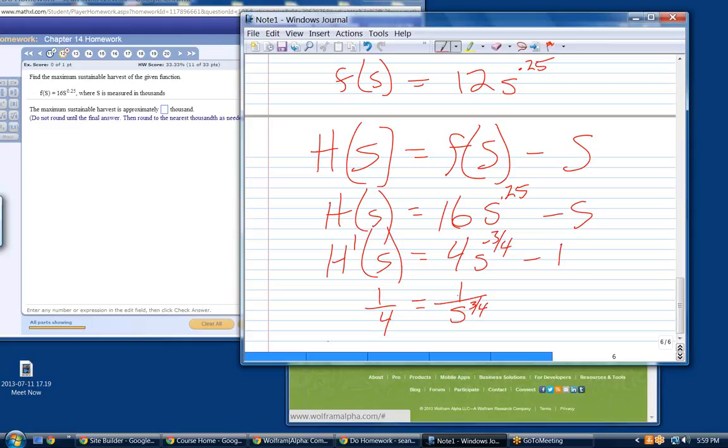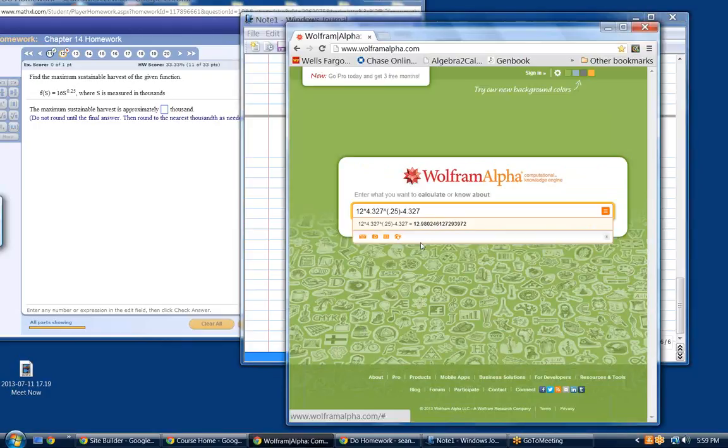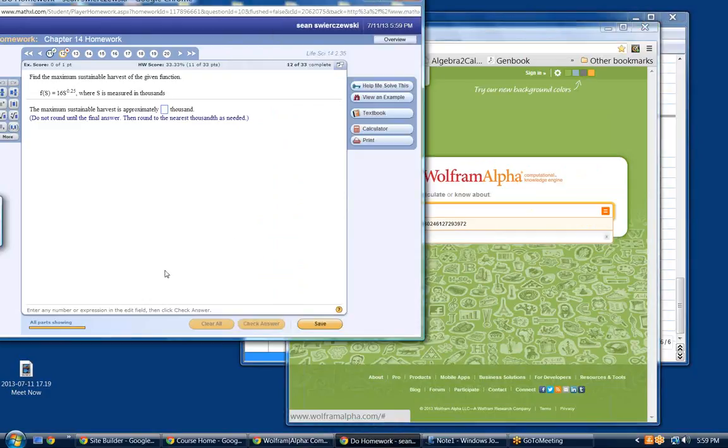So 4 raised to the 4/3 power. I can do it really quick on my calculator. The nearest 6,000. 6.3496. 6.350.